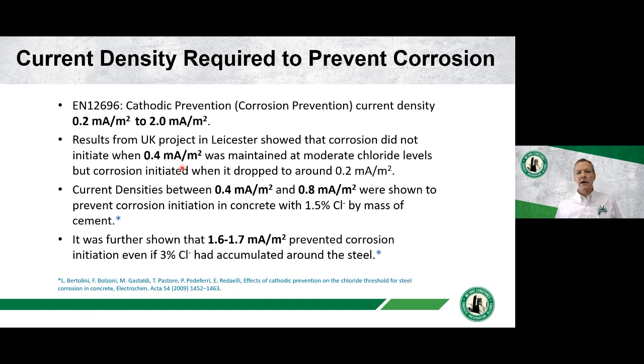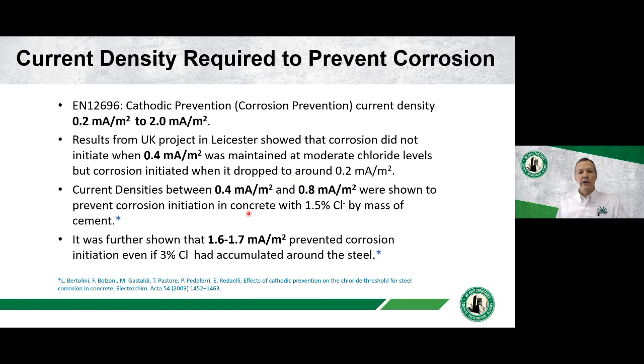So based on projects, we have found that a current density of around 0.4 milliamps per square meter was sufficient to maintain steel from corrosion initiation when you had moderate chloride levels, but when the current dropped down to around 0.2, the lower end of this range, corrosion did initiate again.